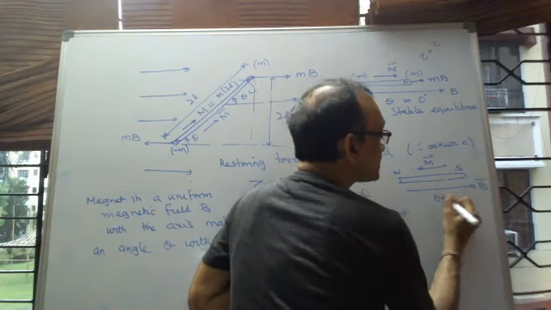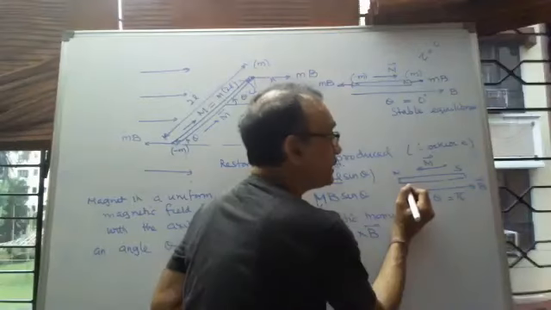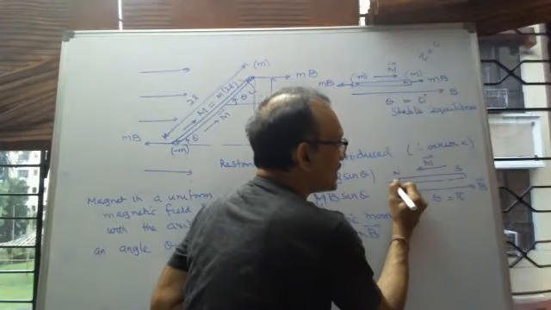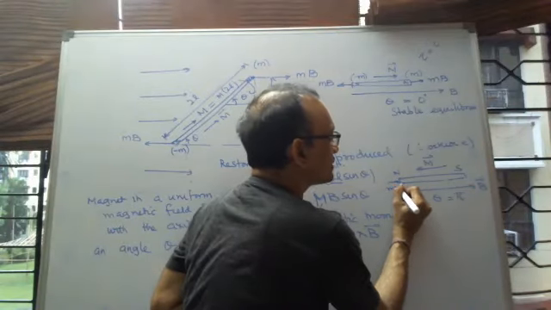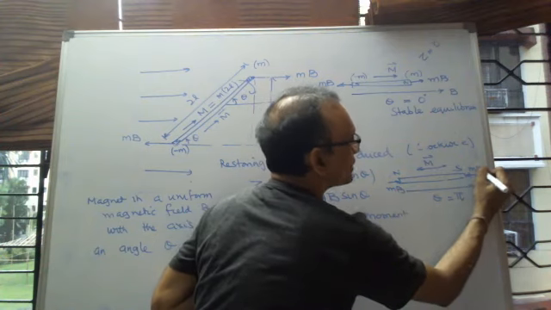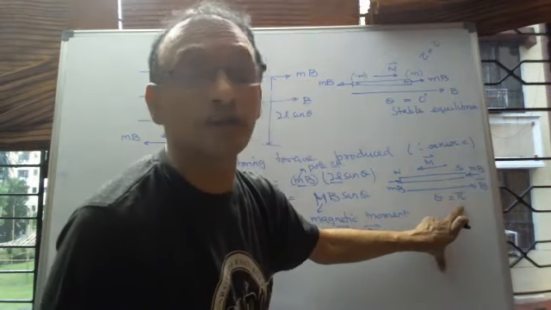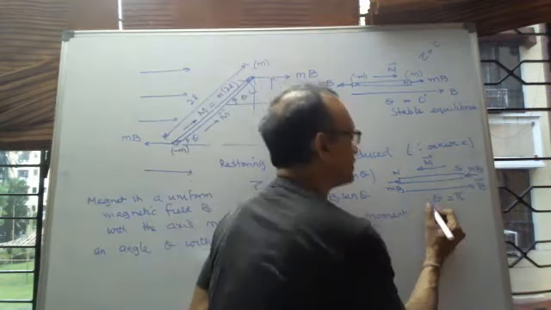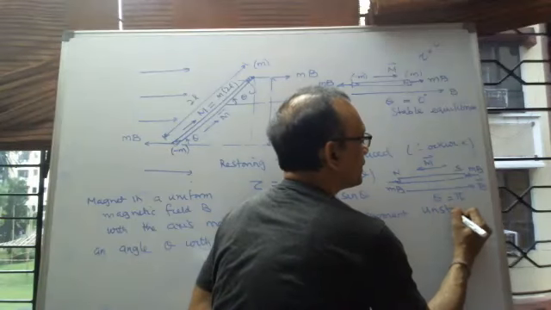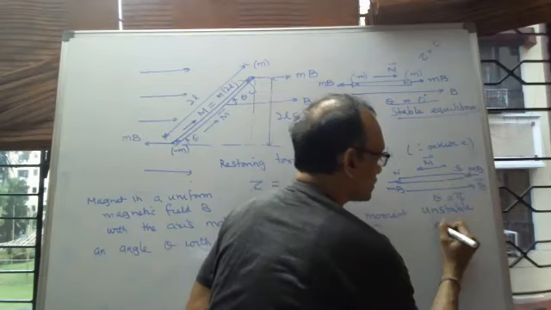In case it is pi, this also is equilibrium in the sense this N will experience a force MB like this in the direction of the magnetic field. This will experience a force opposite to the magnetic field. Here also there is equilibrium, but this equilibrium, check for yourself, is unstable equilibrium. Theta equal to pi gives unstable equilibrium. Theta equal to 0 gives stable equilibrium.